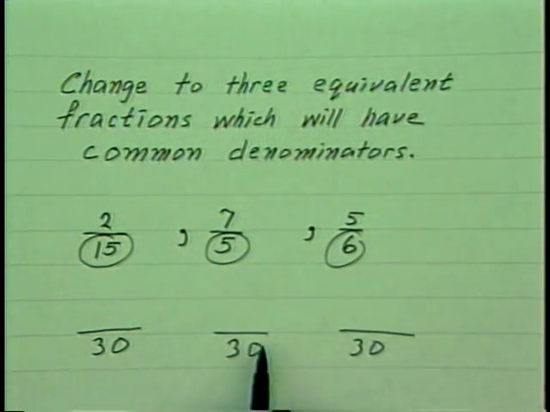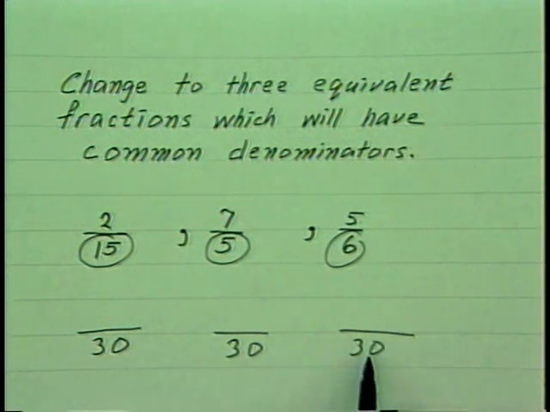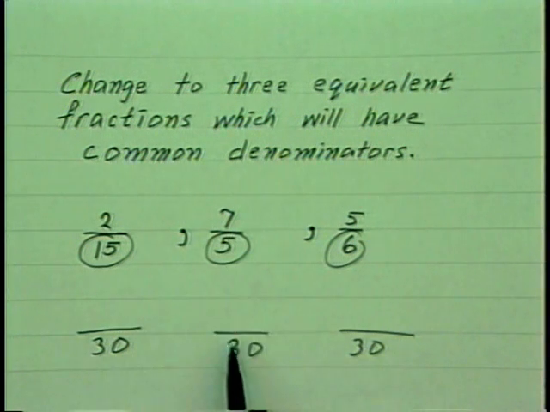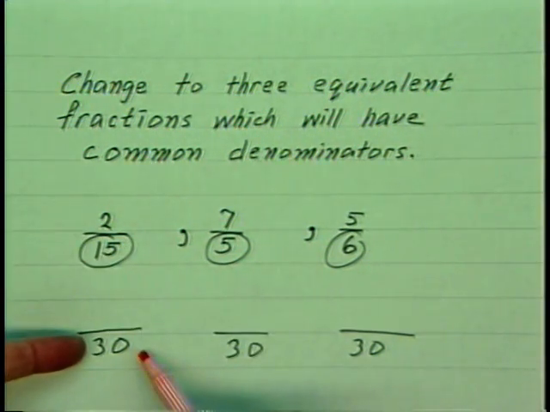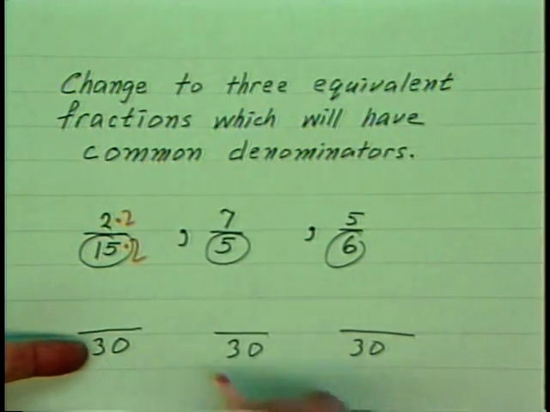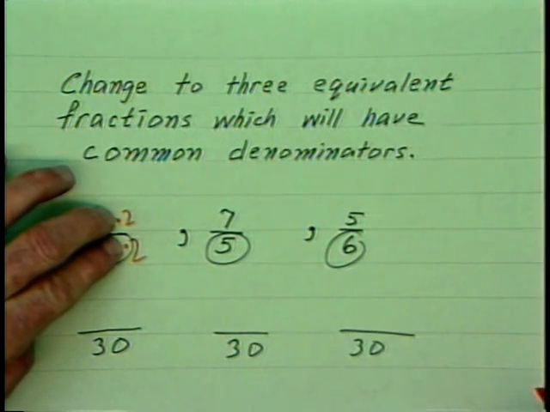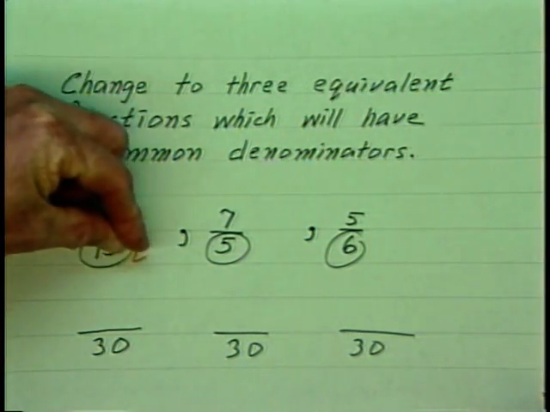Realizing we could have picked 60, we could have picked 90, we could have picked 120, but 30 is the lowest. So we can build each of these into 30ths. And to do that, we ask 15 divides into 30 how many times? That's 2. So we build this fraction by multiplying top and bottom by 2 into 4 30ths.